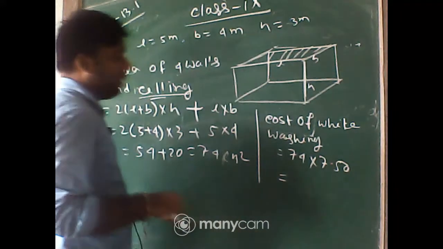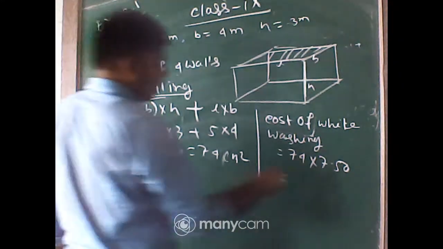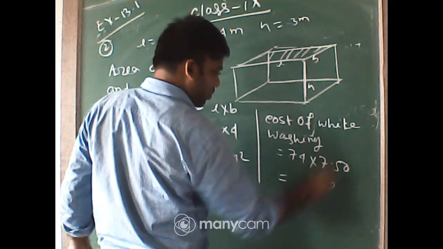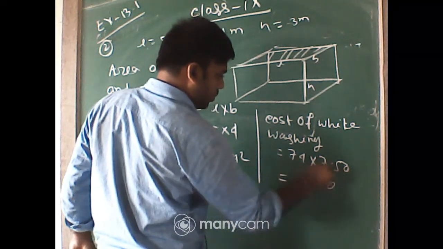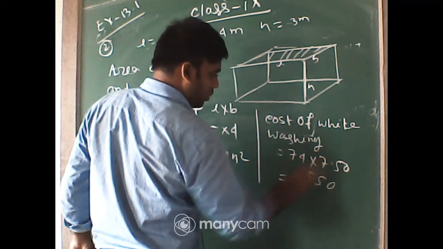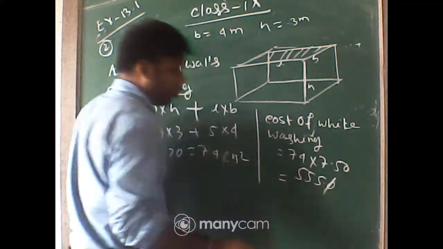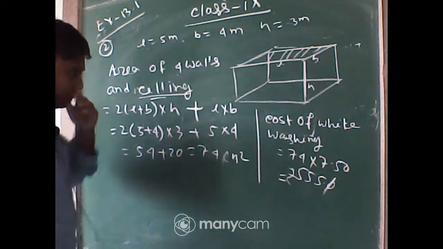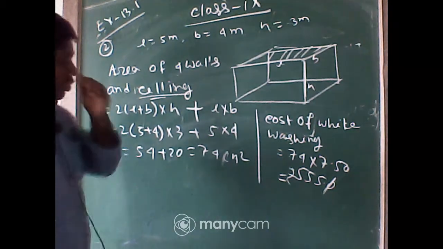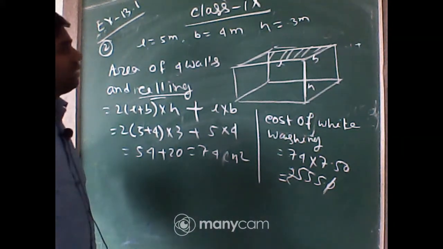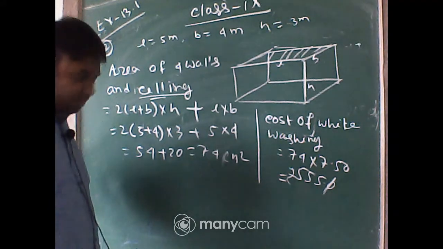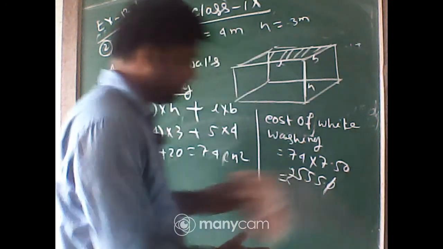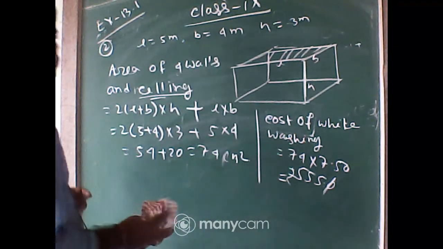Multiply it, it will be rupees 555. That is the cost of whitewashing the 4 walls as well as the ceiling. Got it everyone? That is question number 2.